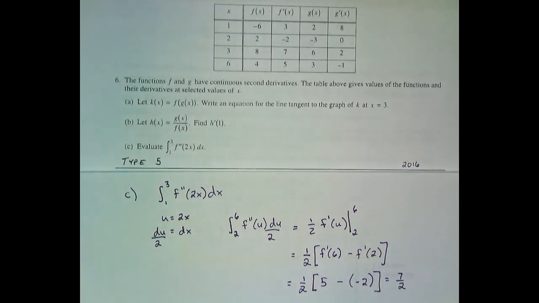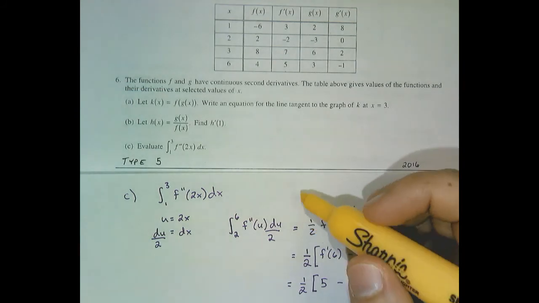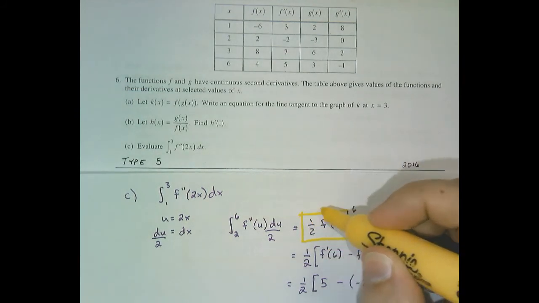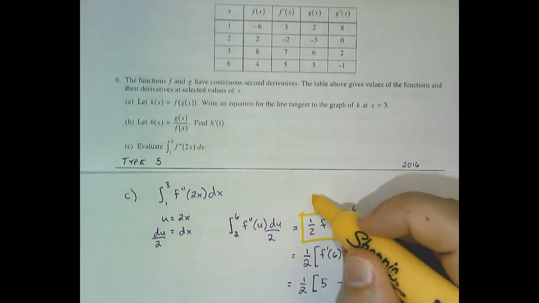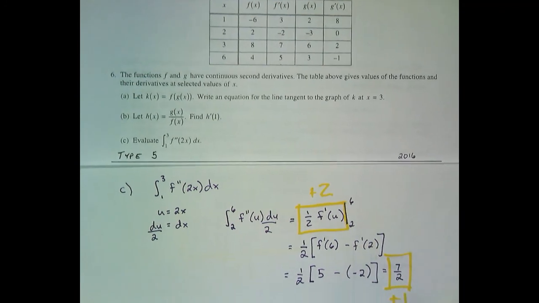So this is worth 3 points as well. The first 2 points come from finding the antiderivative. So this 1/2 f prime of u, that's worth 2 points. And then your third point comes from finding your final answer.